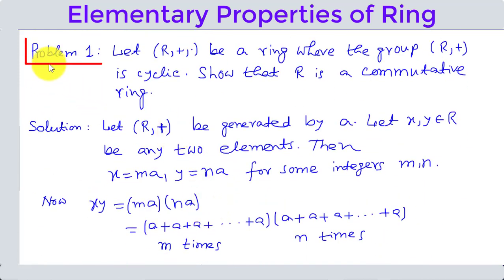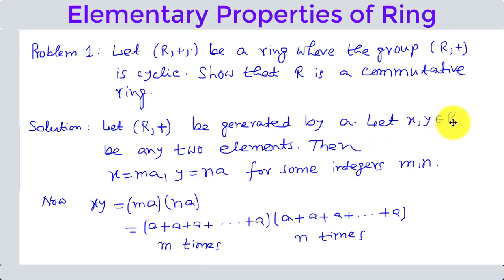Problem 1. Let (R, +, ·) be a ring where the group (R, +) is cyclic. Show that R is a commutative ring. Solution. Let (R, +) be a group which is generated by a.